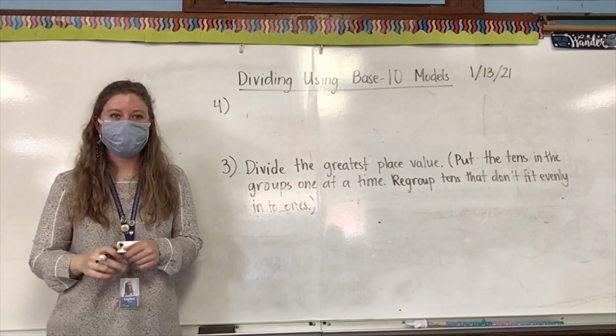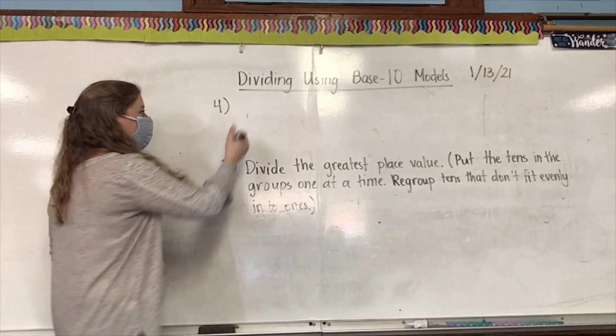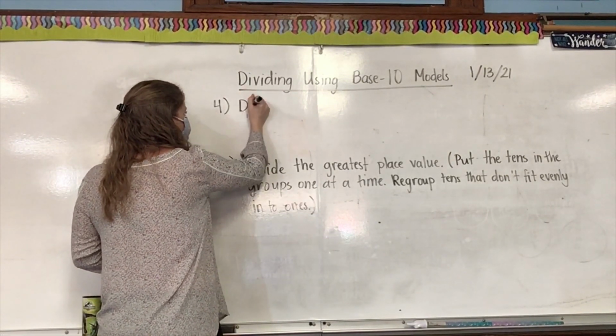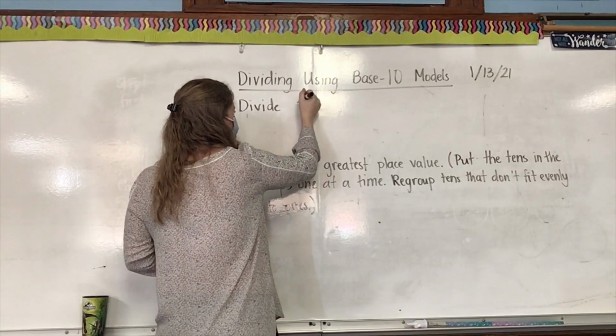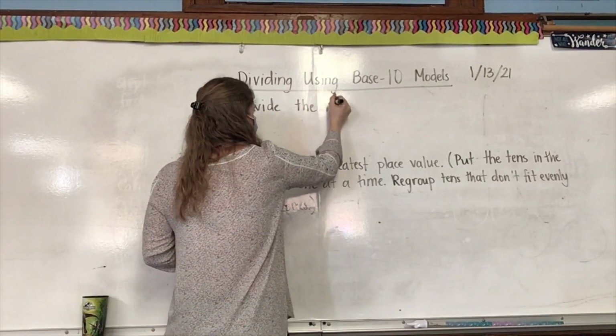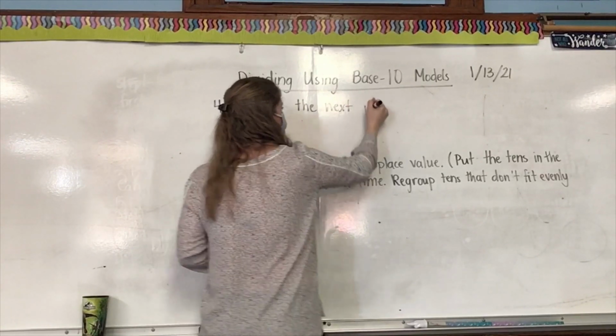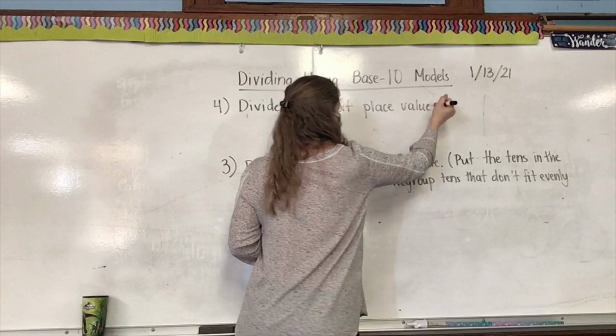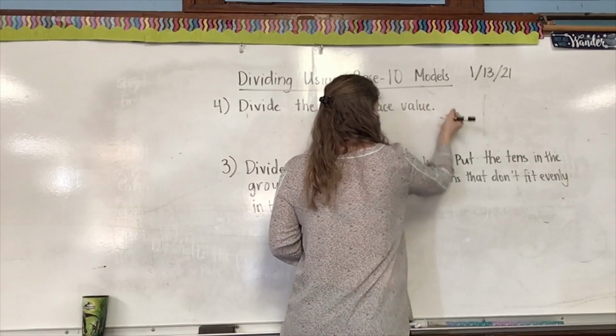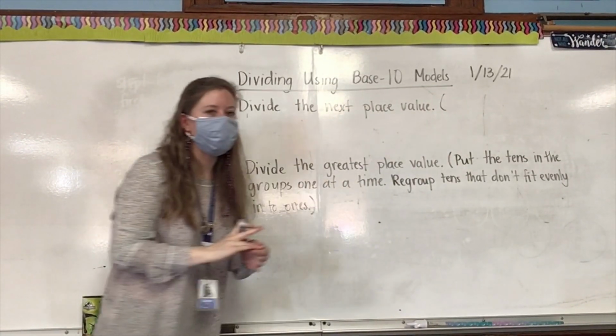Cullen? Divide the ones. Divide the next place value, because sometimes you just keep going until you get to the ones. But we're going to divide the next place value, and then we're going to use ones as an example. Cullen, how do we do that?